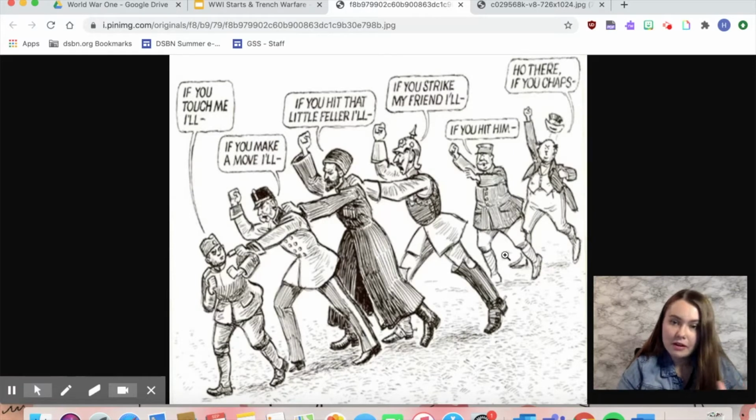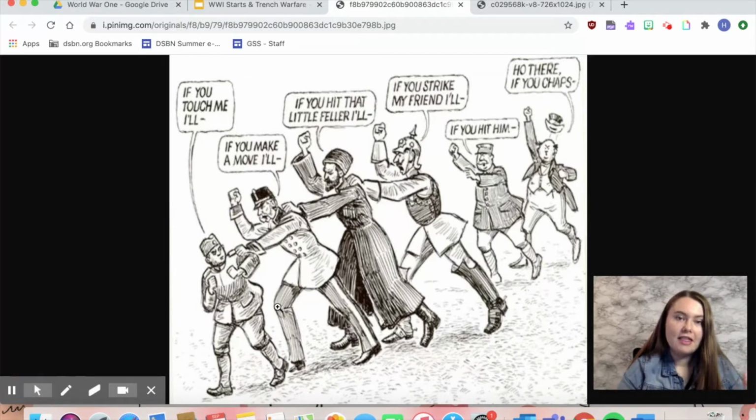I'm going to give you a few helpful hints, because the cartoon very much relies on you knowing the satirical and stereotypical dress of different countries. All the people here are representing different leaders within different countries who are about to go to war at this time. So we see this very small man. Look how small he is in comparison to the others. And his dress is representing the Serbian nation.